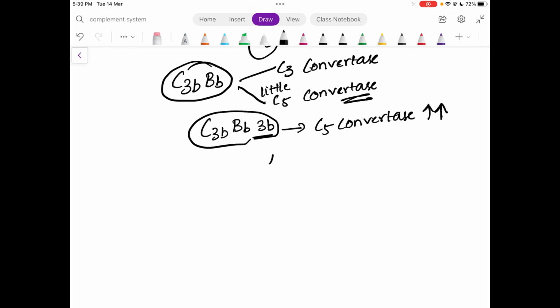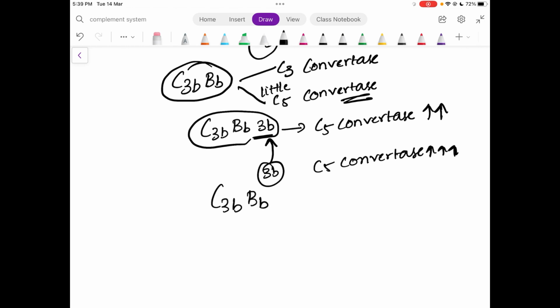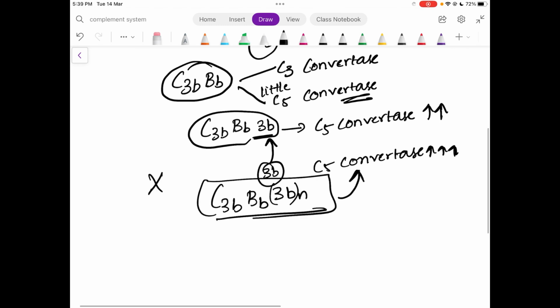That means if one more C3b is attached, C5 convertase activity will be increased further. That means n number of C3b's attachment to C3bBb will increase C5 convertase activity. This is a very important point. You can get a question on this.